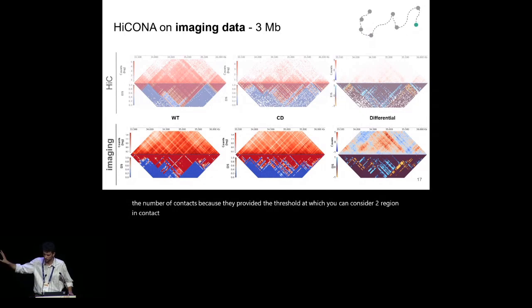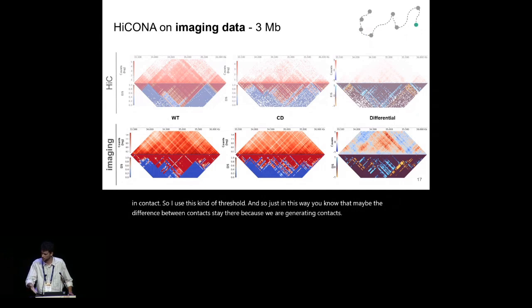So I use that threshold. And so maybe the difference between contacts stays there because we are generating contacts upon a threshold using imaging. And in sequencing, we are sequencing the close-by contacts. But the relationship between contacts and structure is different.